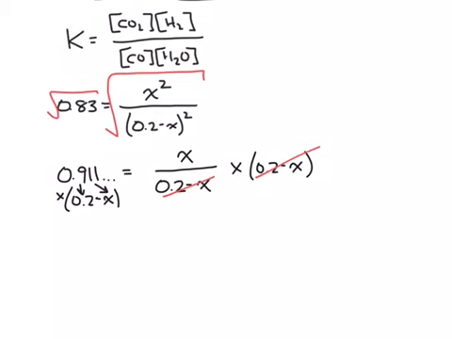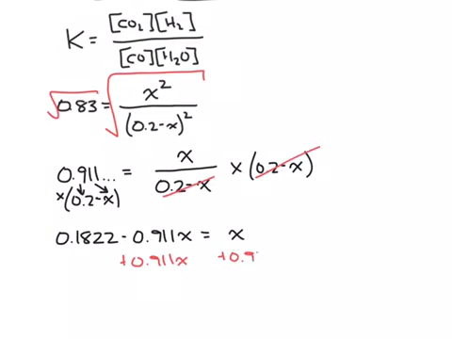So this will end up like 0.1822 minus 0.911x. On the right-hand side, all I really have left is just x, and we're getting there. Let's put our x's together. So I'm going to add 0.911x to both sides.